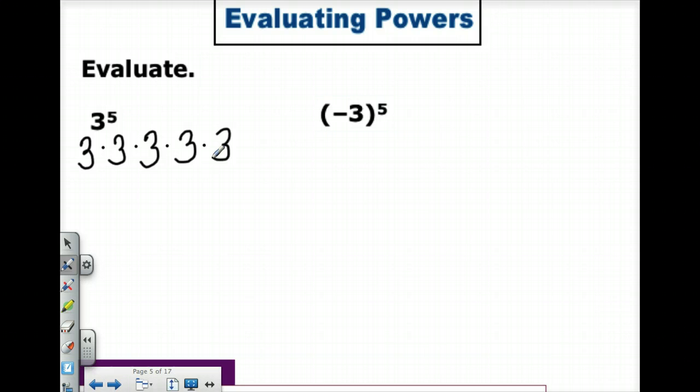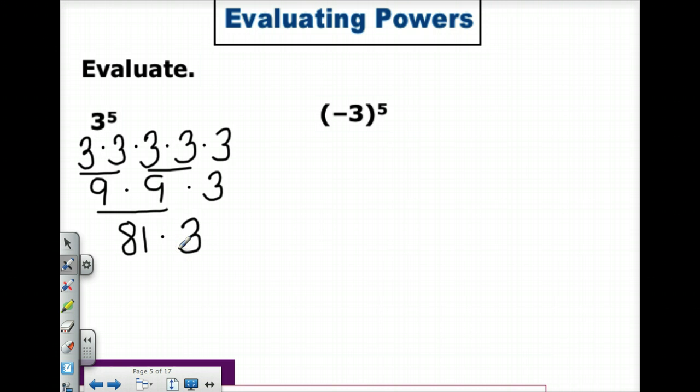Now let's break this up into small parts that we know. We know 3 times 3 is 9, times 3. You should know 9 times 9 is 81, times 3.